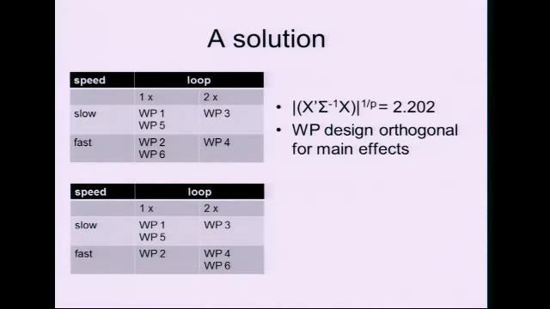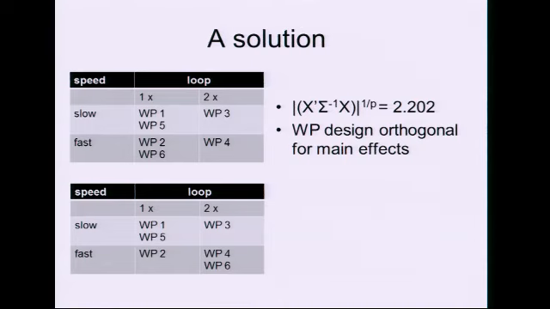Now, given these 2 designs, we can run a modified algorithm. The first design has a determinant of the information matrix of 2.202, or I should say a determinant raised to the power 1 divided by the number of parameters.